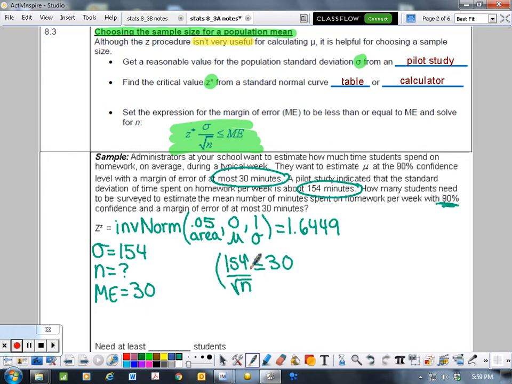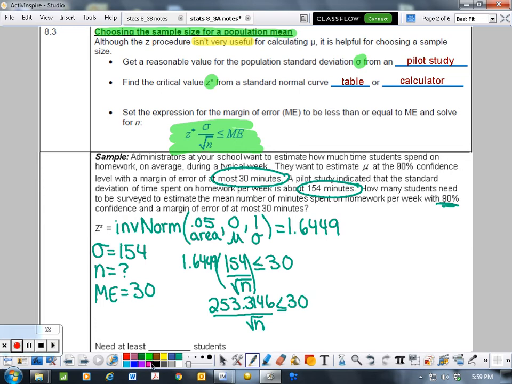And then we're multiplying that by the z-star, 1.6449. So what we can do right now is multiply these top numbers, 1.6449 times 154, and we get 253.3146 over the square root of n is less than or equal to 30.